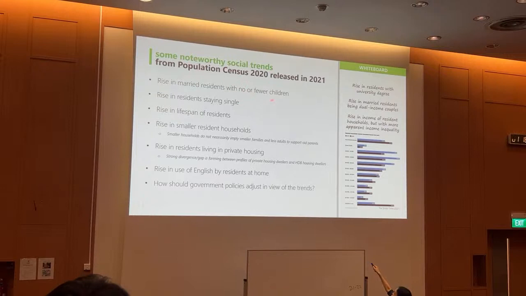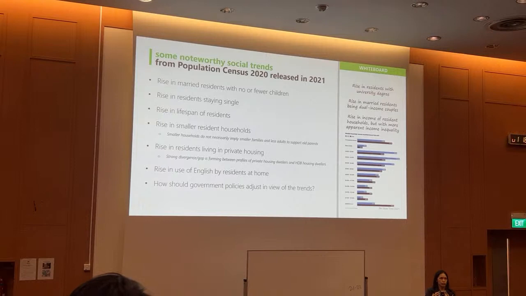When the government conducts such a study, it's not just for the sake of data collection. It's really meant to have a better understanding of the ground, and hence you can make better policies. So how should the government policies adjust in view of the trends? The government may want to do something to change or slow down the trends.